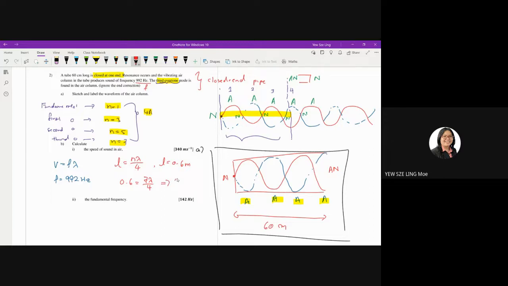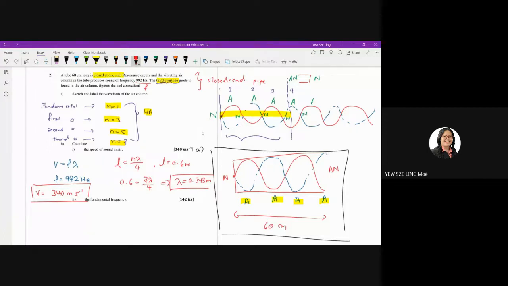Rearranging, lambda equals 0.343 meter. Plug it into v equals f lambda, and you obtain v equals 340 m/s. So this is how we solve it.